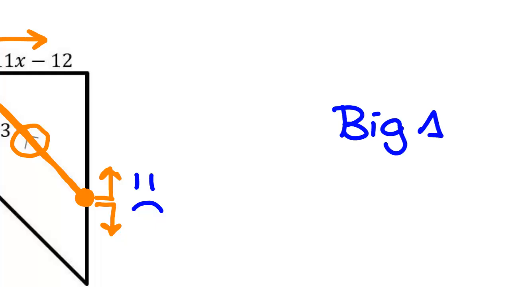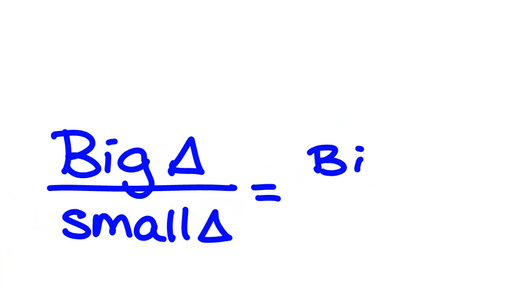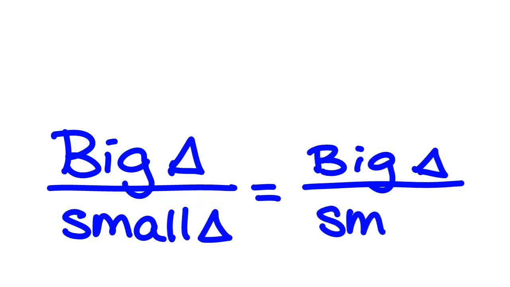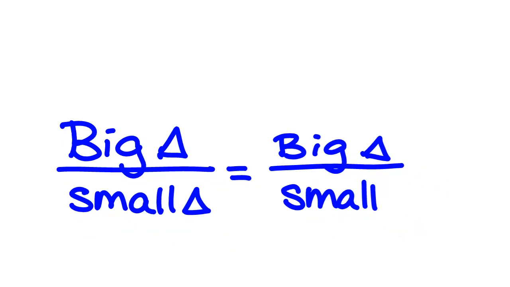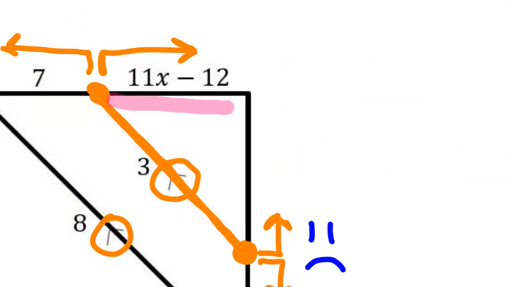So big triangle over small triangle is equal to big triangle over small triangle. All right, so here's my small triangle. These are my denominators. What will my denominators be?